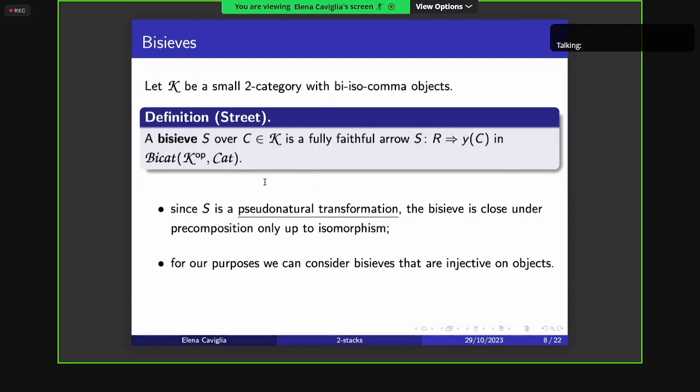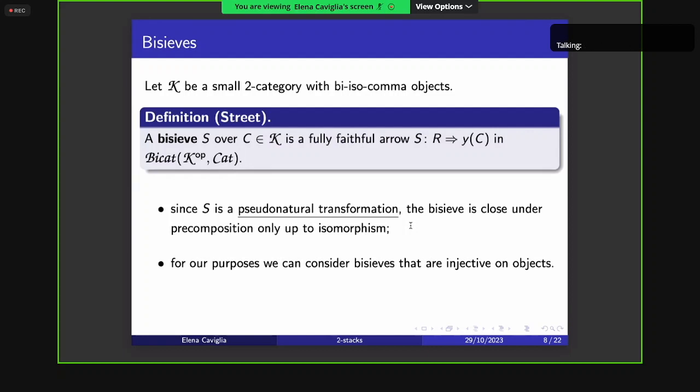So given this 2-category, we say that a bisieve S over an object C is a fully faithful arrow from R to Yoneda of C. And this definition is the definition given by Street. Here we notice that this arrow is not a natural transformation, but it's only pseudo-natural. And this means that our bisieve is closed under precomposition only up to isomorphism.